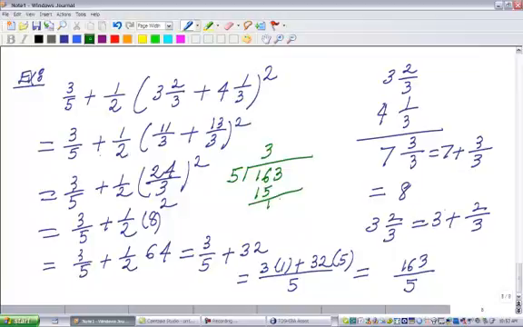Then I have a 13 here, right? How many times? 2? So that will be 10, so I get 3. So this is equal to 32 and a 3 fifths. Final answer.